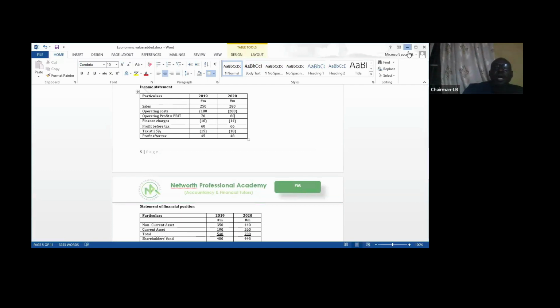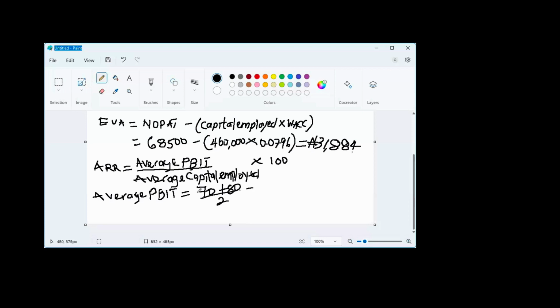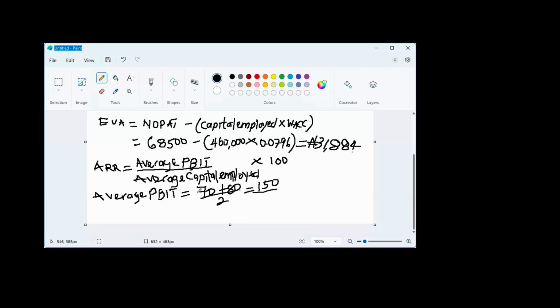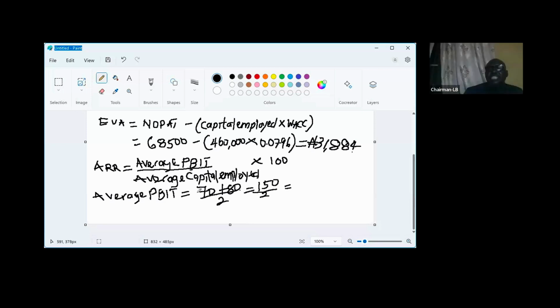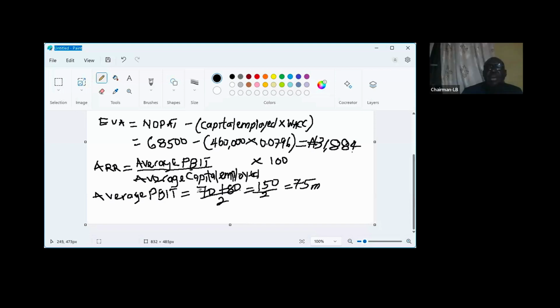Let's look for the average: 70 million plus 80 million divided by 2. This is equal to 150 divided by 2, which is 75 million. Is that clear, please?